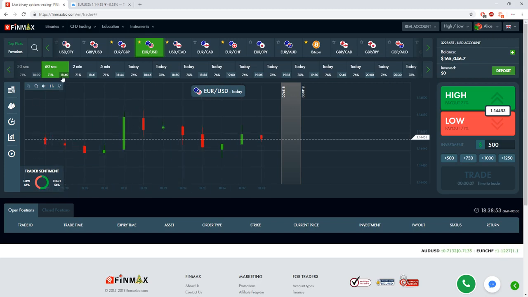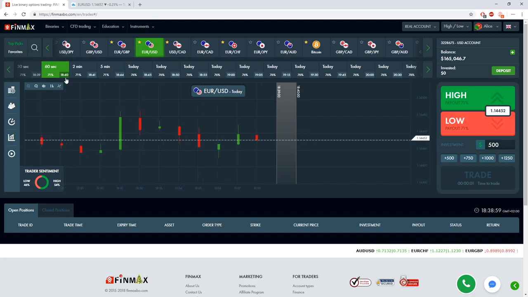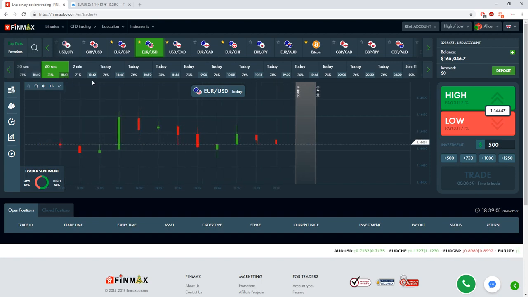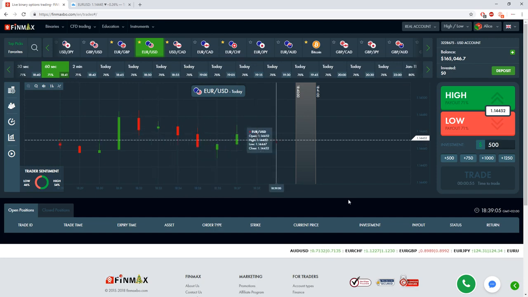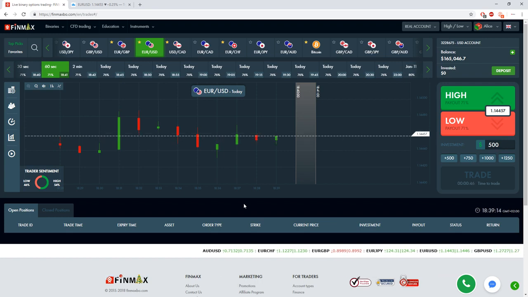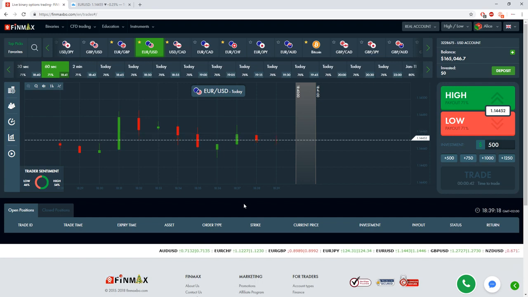So if we see right now that this expiry is offered for 18:41, it means that the trade is going to be closed at 18:41 straight, not in 60 seconds from the current second.